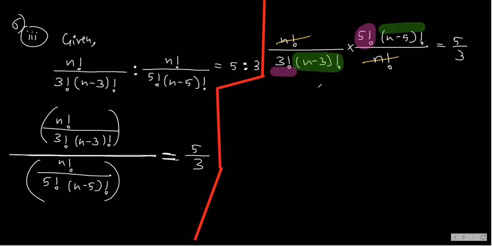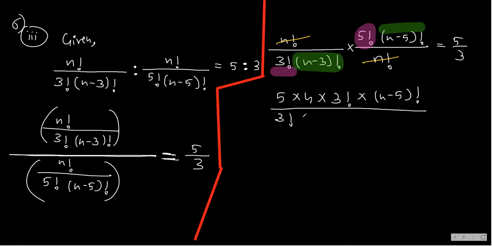So in the next step, I write 5 factorial as 5 into 4 into 3 factorial, and then n minus 5 factorial as it is, divided by 3 factorial and n minus 3 factorial, which I will write up to n minus 5 factorial, that is n minus 3 into n minus 4 into n minus 5 factorial, equals to 5 upon 3.